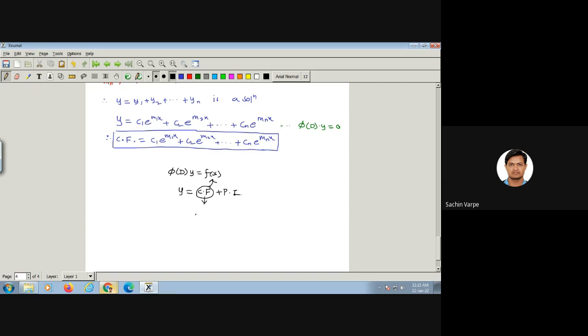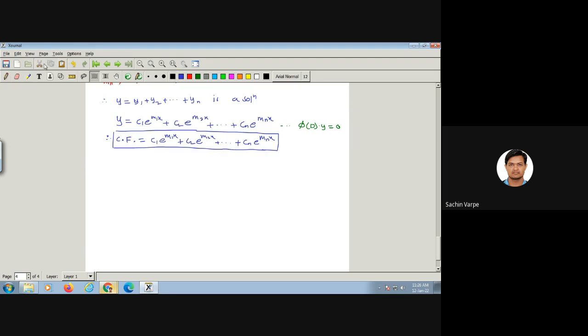So what is this CF? It is the solution of phi of D into y is equal to 0. If the right hand side is originally 0, then CF is the only solution for that equation. But if it is non-zero, then there will be both a CF and a PI. To find the complementary function, we started with the right hand side as 0. Now we have got the complementary function. Later we will consider the original equation and find its particular integral. The sum of those two will be the required general solution. Clear now?